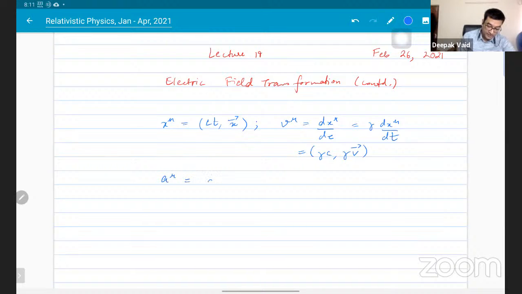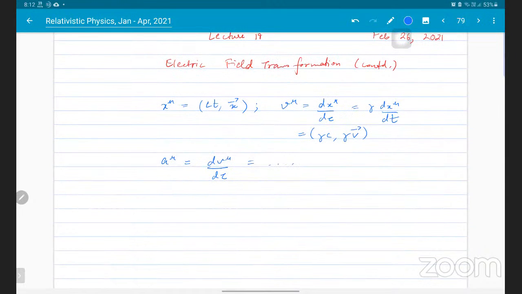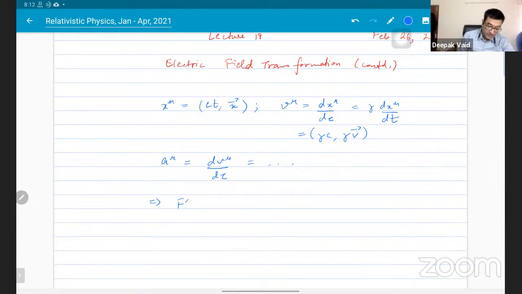Then the four acceleration is dv mu by d tau, right? And this has some complicated kind of expression. And then we can define the force vector, which is mass times this four acceleration, right?